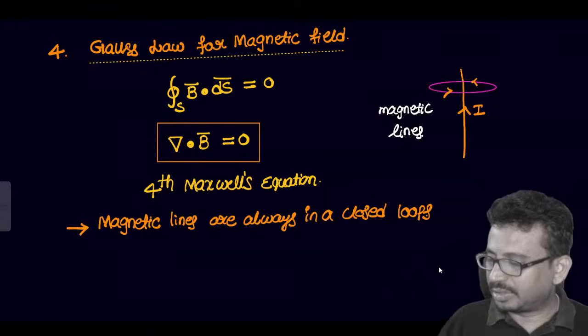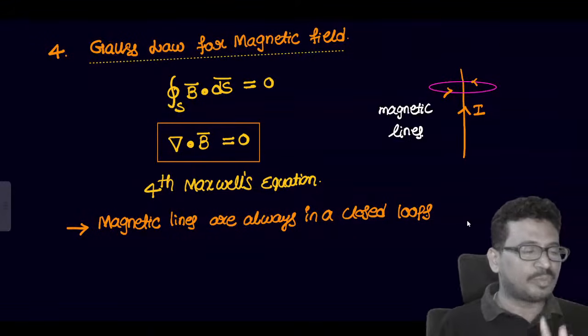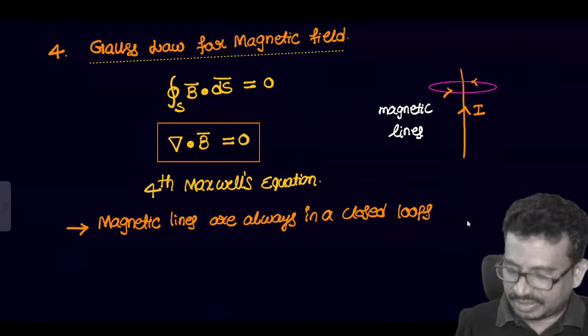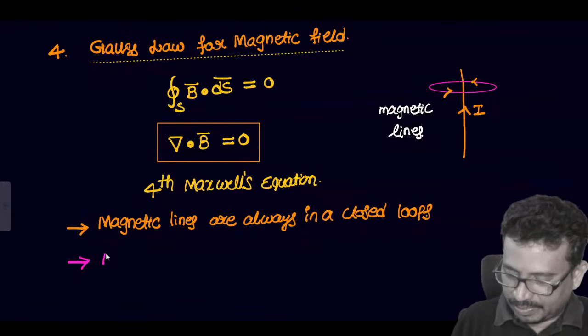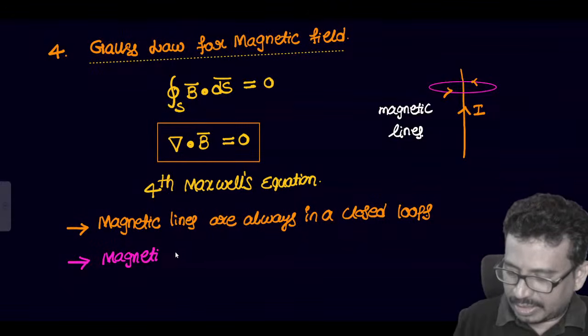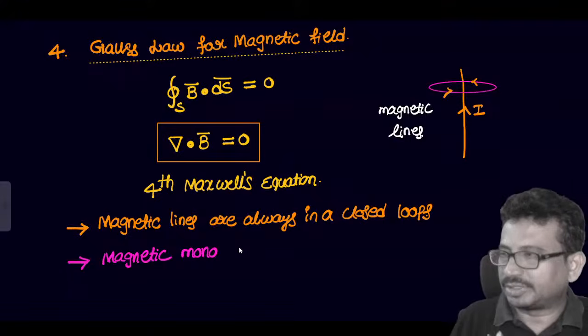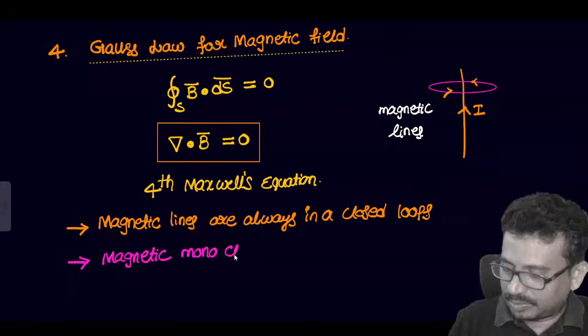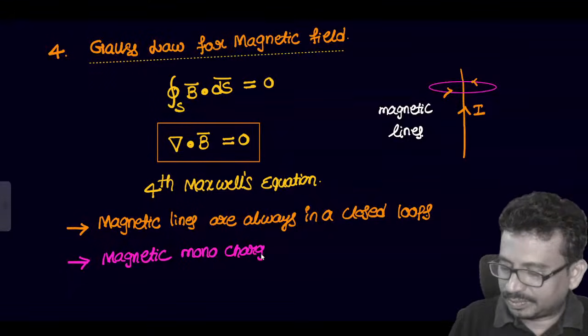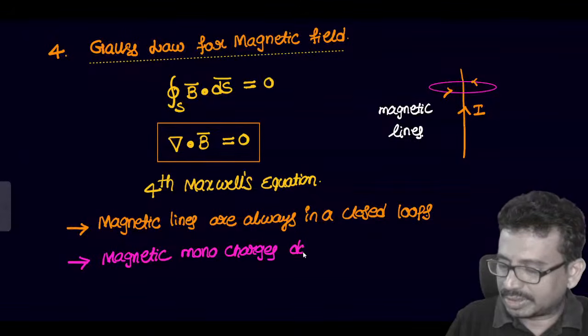And this equation also signifies that magnetic monocharges do not exist. Monocharges means monopoles. Monocharges do not exist.